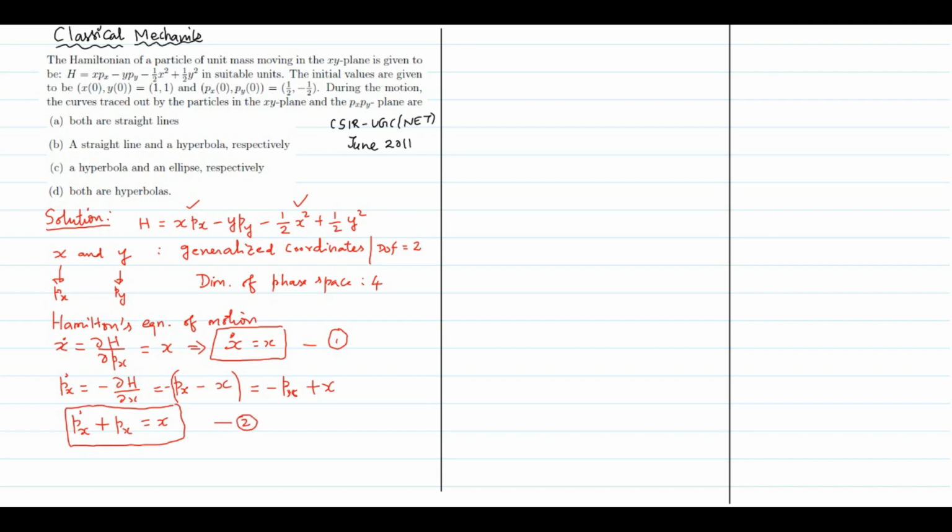Similarly, for y, let us calculate y dot, which is partial H by partial py. Since py appears only in the second term, you will get minus y. So y dot is equal to minus y. Call this equation number 3.